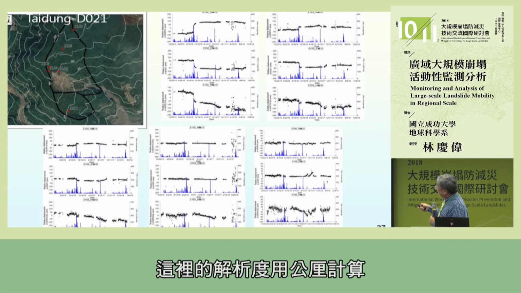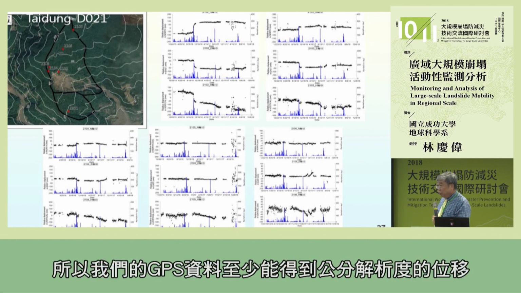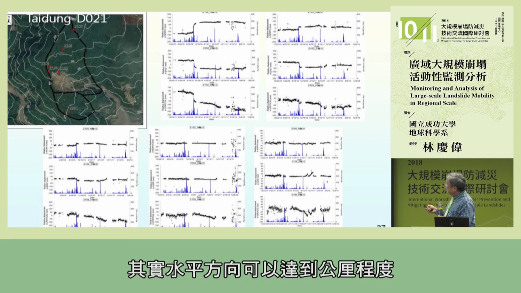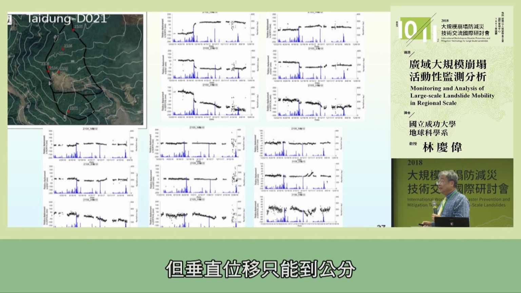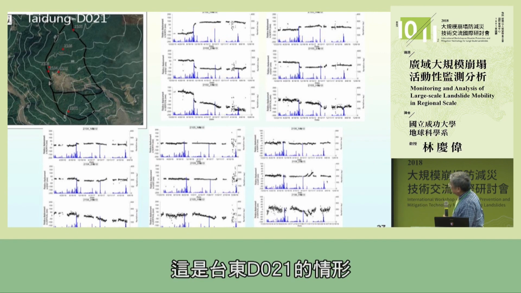Here, the resolution is millimeter, so we get at least centimeter resolution displacement from GPS data. Actually, for the horizontal direction, it can reach the millimeter level, but for vertical displacement, it's centimeter. Okay, so that's the case of Taitung D021.